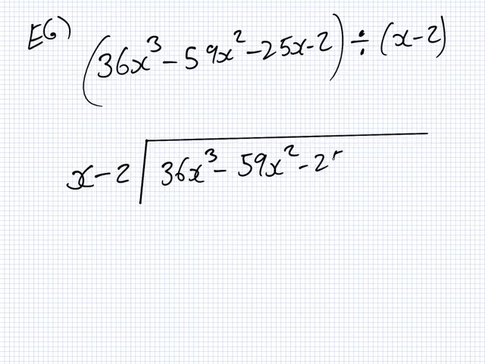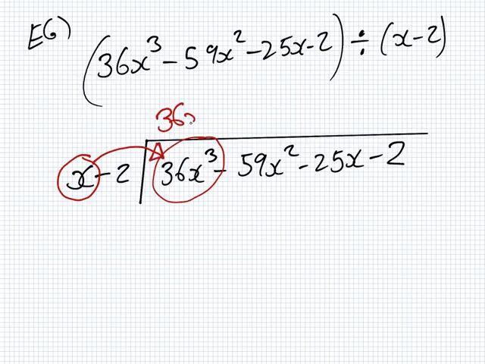Alright, so watch carefully here, please. This is the way it works. What you do first is you look at the x and you look at the 36x cubed and you ask yourself, what do I multiply x by to make it become 36x cubed? And the answer will be 36x squared.